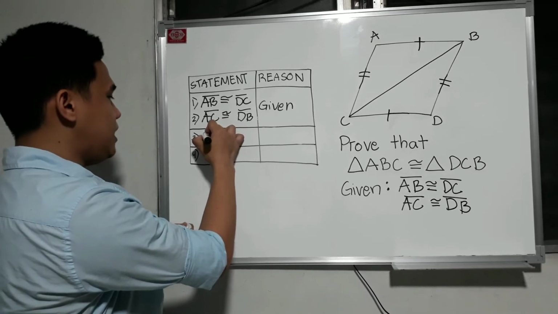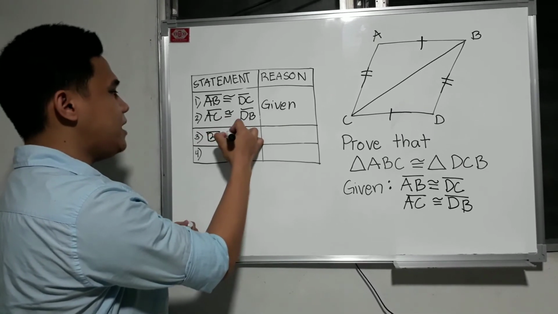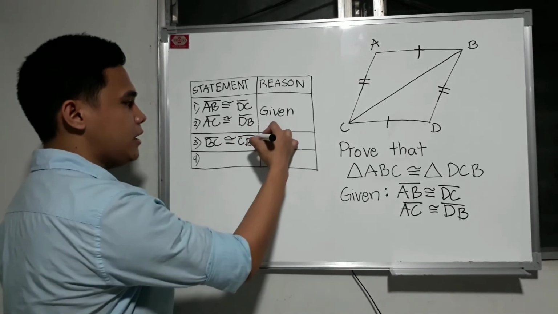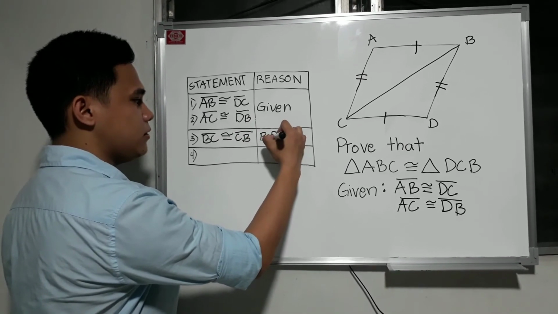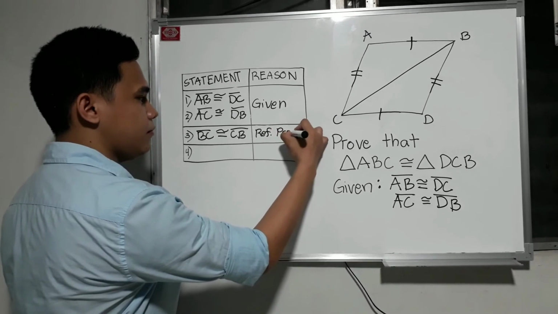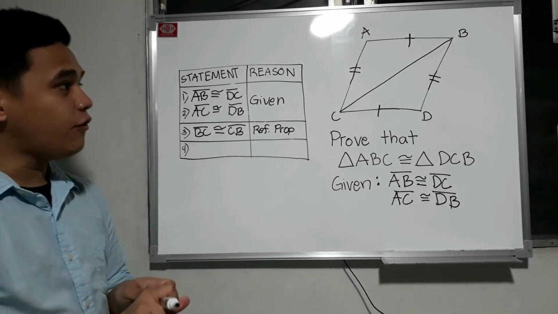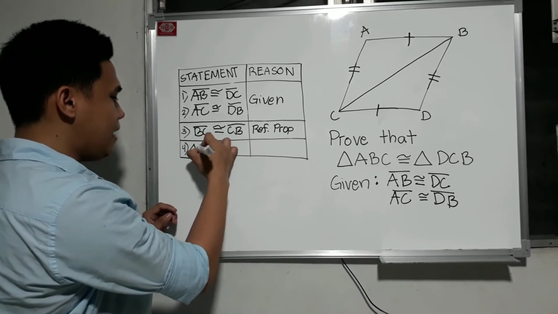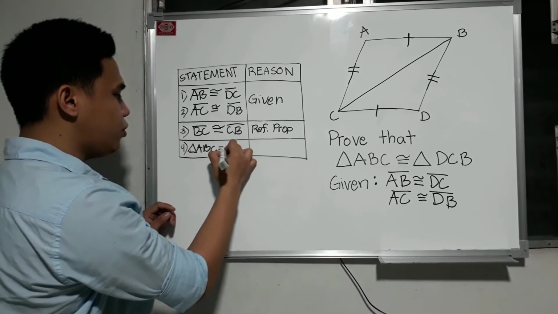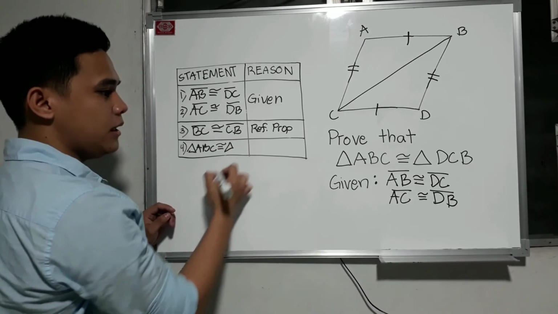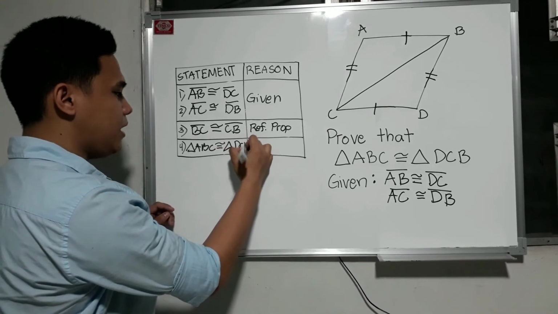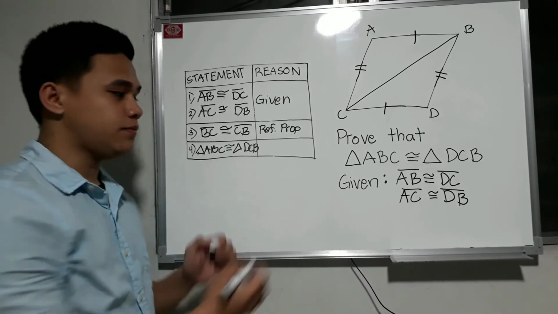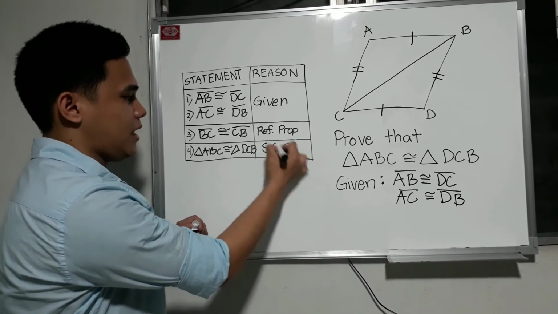So, segment BC is congruent to segment CB by reflexive property. Therefore, these two triangles, so the triangle ABC is congruent to triangle DCB by SSS congruence.